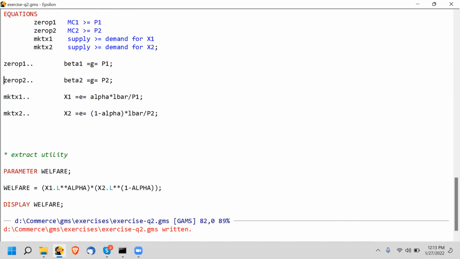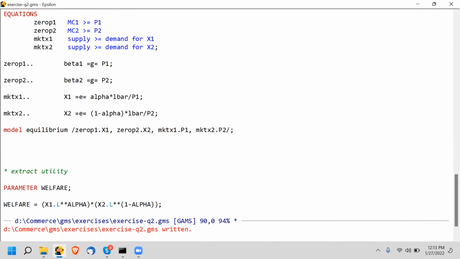So 1 times beta 1, that's the labor cost, and that has to be greater than or equal to P1. And 1 times beta 2 is greater than or equal to P2, and then this gives us a problem, and then we say model equilibrium. So it's going to be 0P1.X1, 0P2.X2, market X1.P1, market X2.P2.